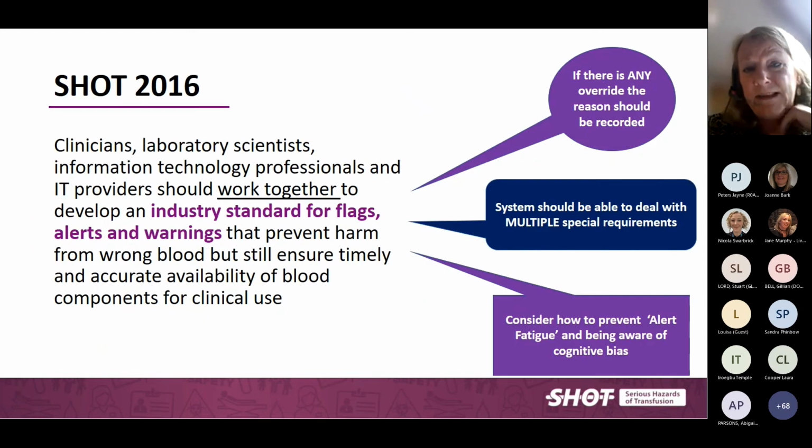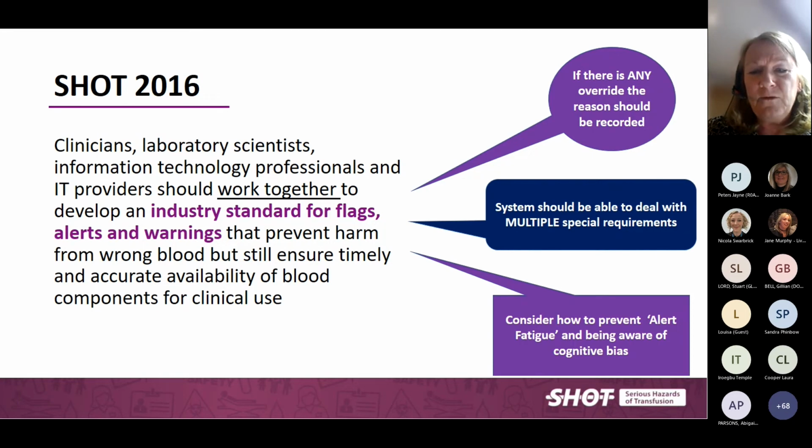And certainly in 2016, we made this recommendation that if we're going to get alerts working, we need to work together. So we need to say as laboratory and clinical people what we want. We need to work with the industry so that they have standard flags. And there needs to be a mechanism of recording why something has been overridden, because sometimes that has to happen. We need to be able to deal with multiple special requirements.